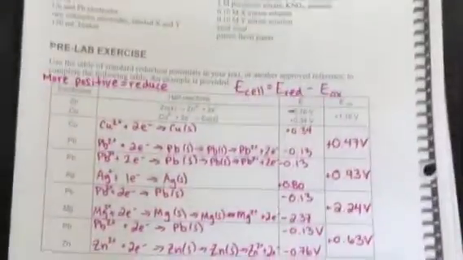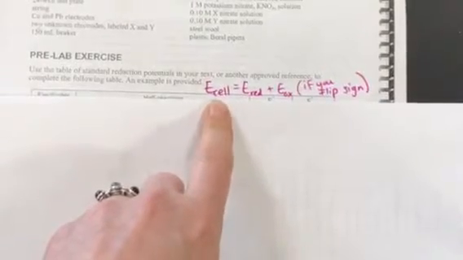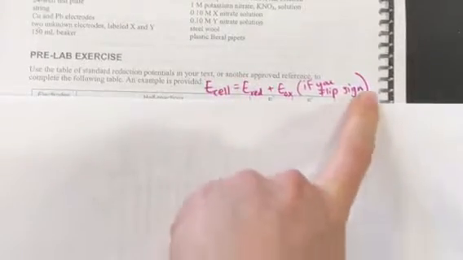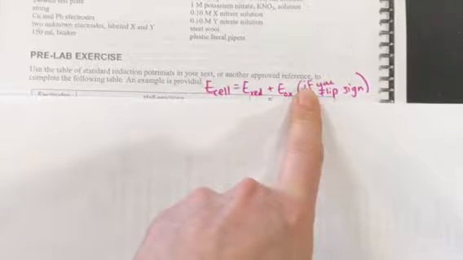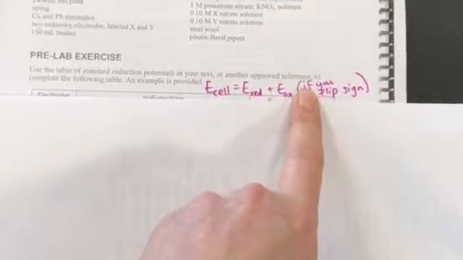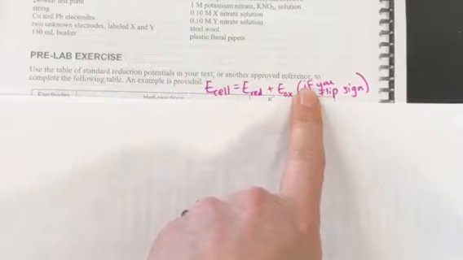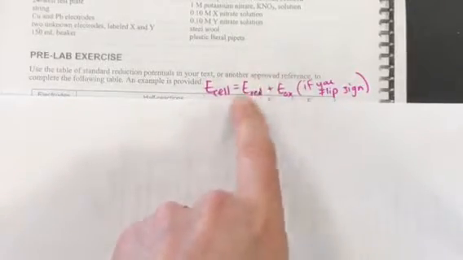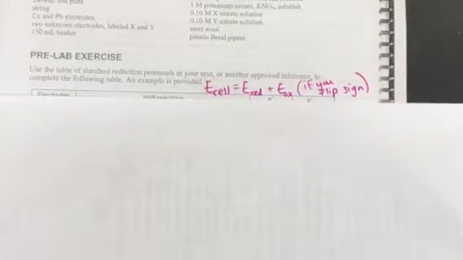Whenever you do things the way they did, the way it works out is that if you flip the sign for your E cell, because you wanted to show that there is a change in sign, you end up having to add them together instead of subtracting. So choose whichever way you feel more comfortable with, but find one way and don't switch back and forth. Otherwise it's going to get really confusing.